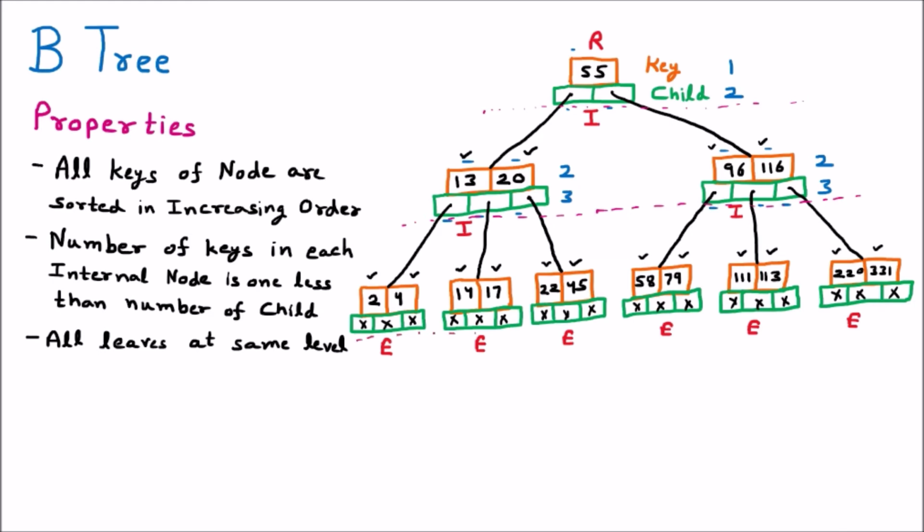If we see their level, you can see that all the leaf nodes are on the same level. So if all the leaf nodes are on the same level, then this can be a B tree. So this property is also true. All the external nodes or leaf nodes are at the same level. This last level is the same level for all the leaf nodes.